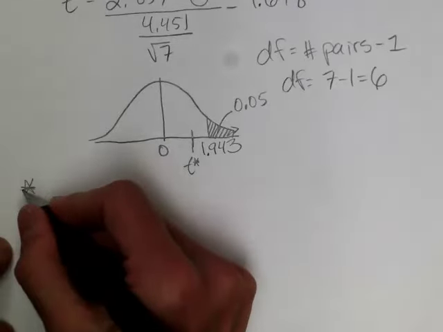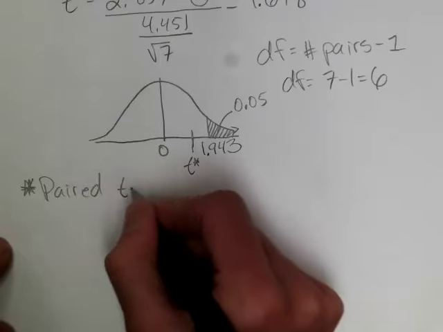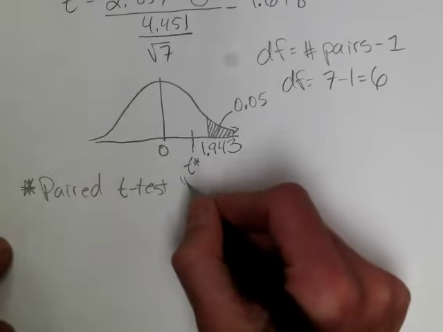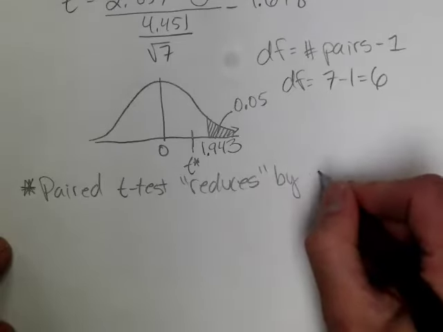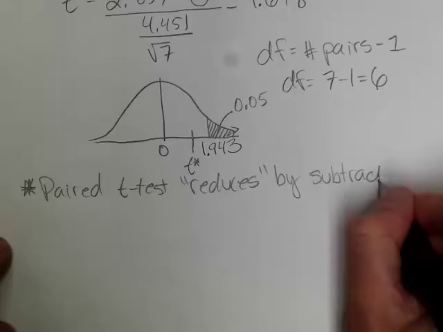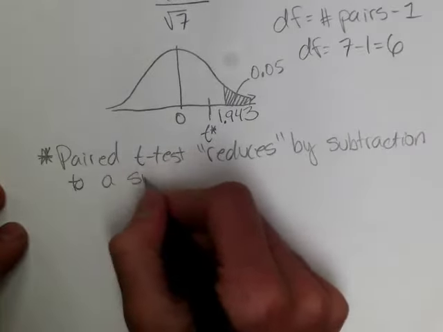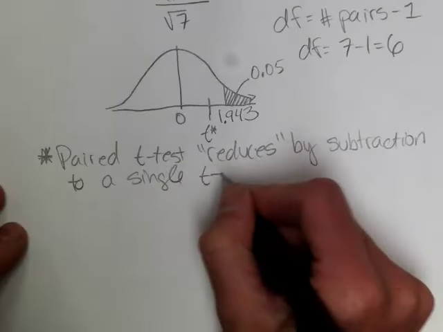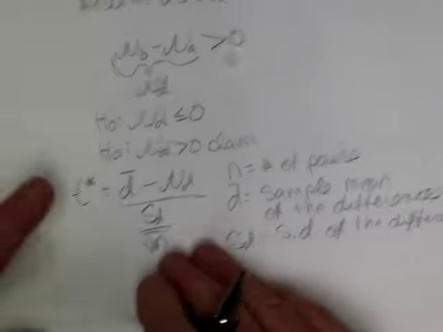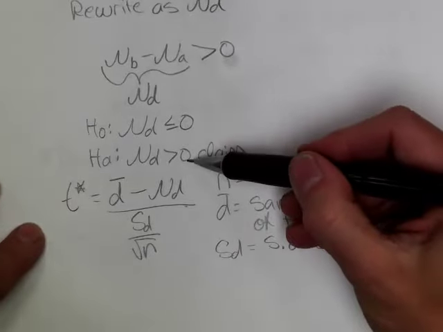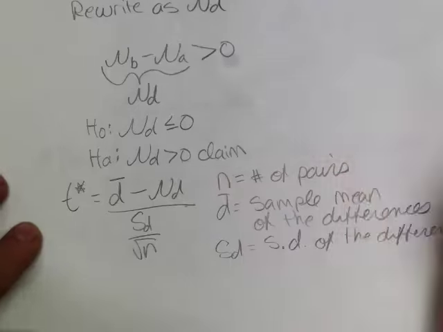Okay, so essentially the paired t-test reduces by subtraction to a single t-test. Okay, so that's where the notation mu sub d is helpful.